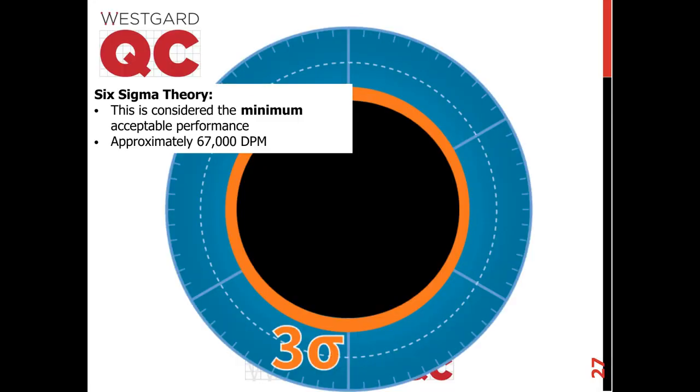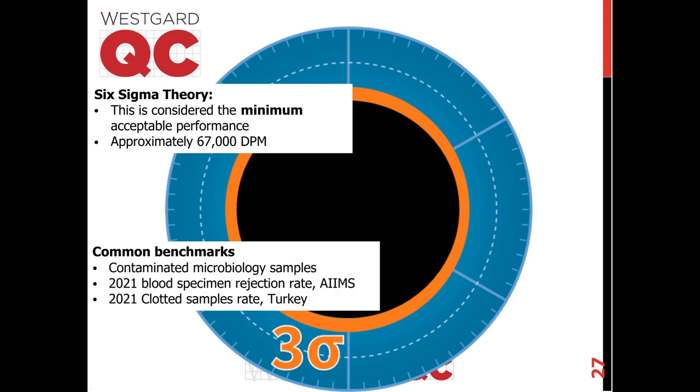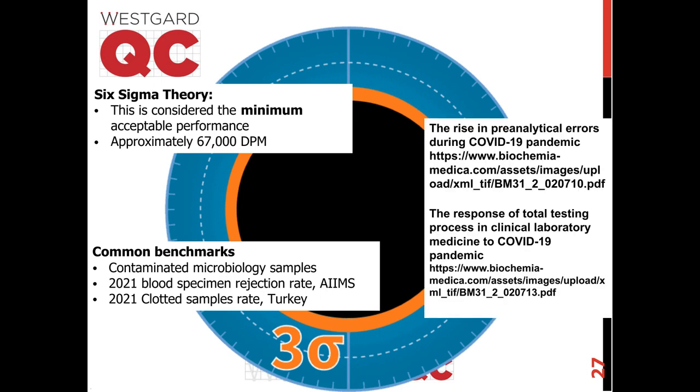3 Sigma is where the theory says that's your minimum acceptable quality. Now we're at 67,000 defects per million, and now we're closer to the contaminated microbiology samples. Again, people know that's a chronic issue, and we have some papers just this year that have noticed the laboratories under the current stress of the pandemic, their pre-analytical error rates are rising.